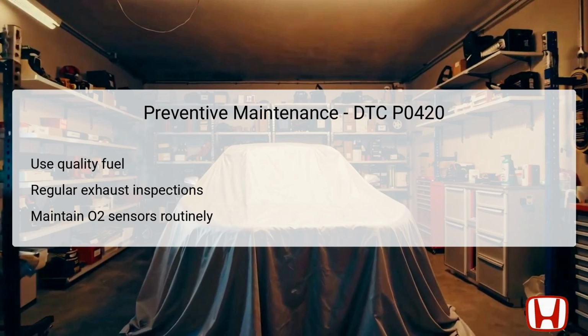Additionally, maintaining proper functioning of oxygen sensors ensures accurate readings of the exhaust gases and enables the engine control unit to optimize performance. Routine checks and replacements of these sensors, along with regular engine maintenance, will help prolong the lifespan of the catalytic converter and minimize risk for DTC codes related to the exhaust system.